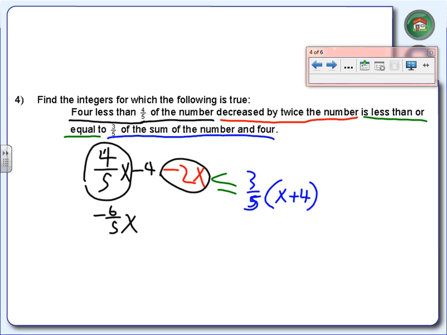Very good. Still got a minus 4. Now we're going to come over here and use some distributive property. And when you do distributive property, that's what you get. So still looking good.